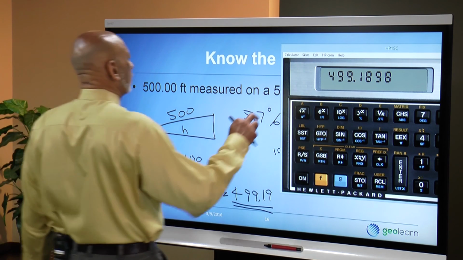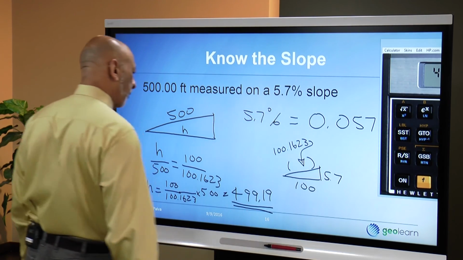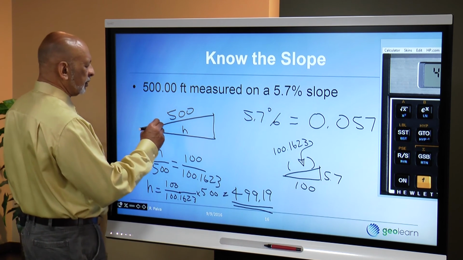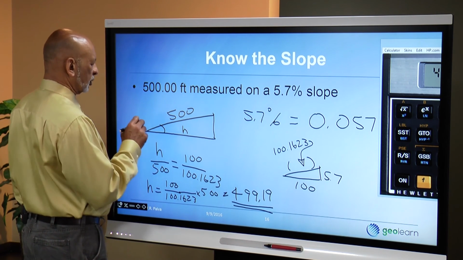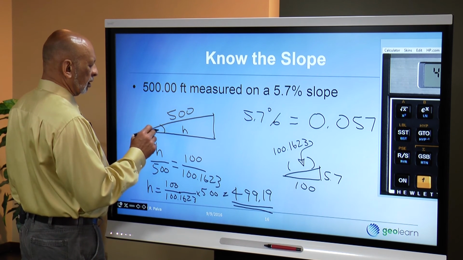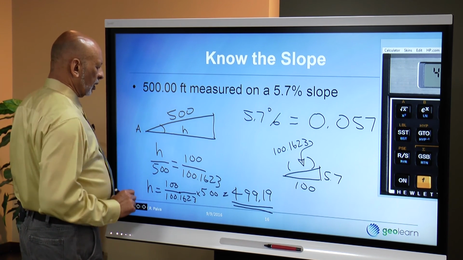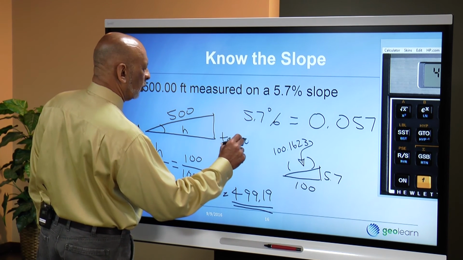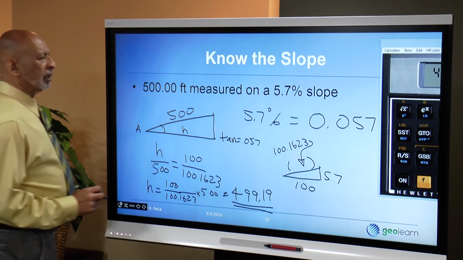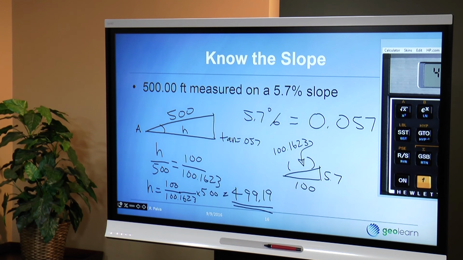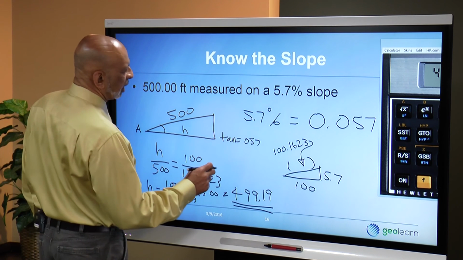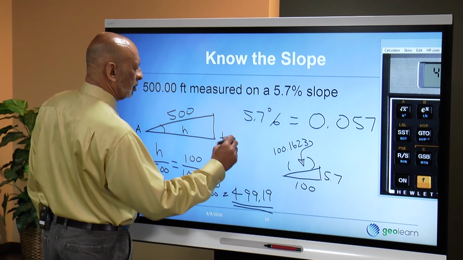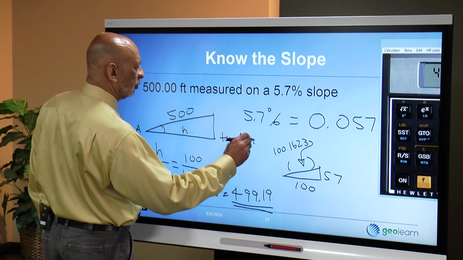There is another way to do it, and that's to recognize that the tangent of this angle, so let's call this angle A, tangent of angle A is equal to 0.057. It is the slope number for that line. So what you can do is solve for A. Tangent of A equals 0.057.